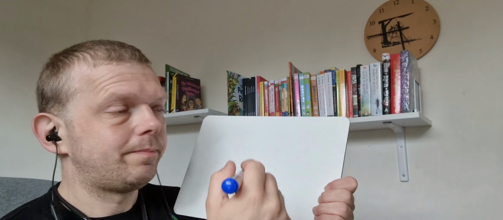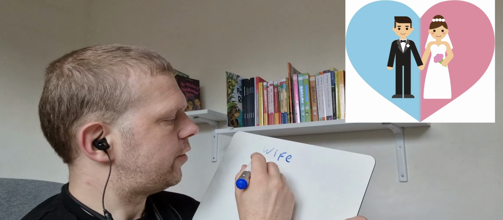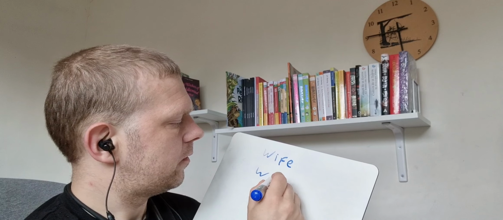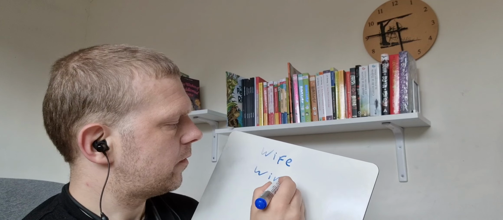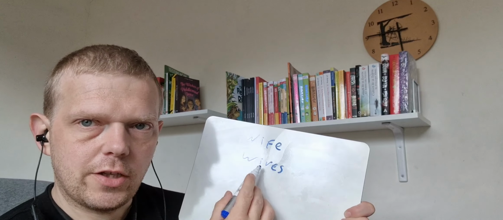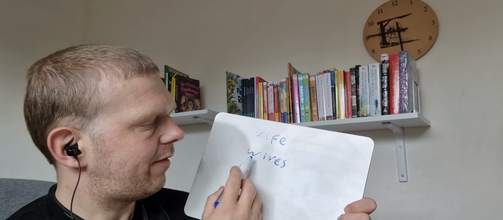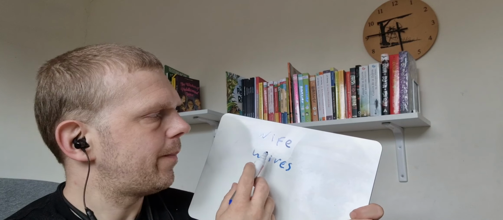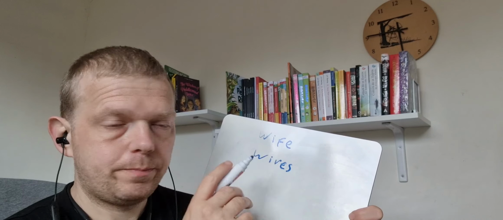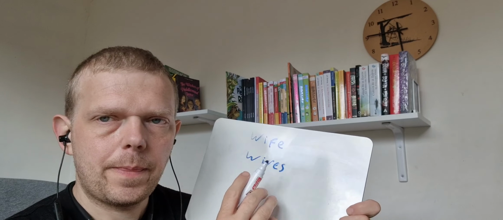If the word ends with F-E, then it changes again for plural. For example, the word wife would change to the F changed to a V. So wife is wives. So more than one, wives.